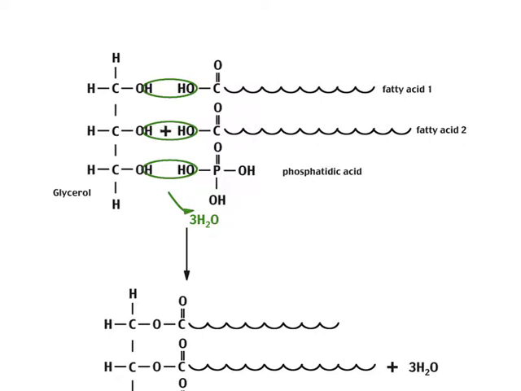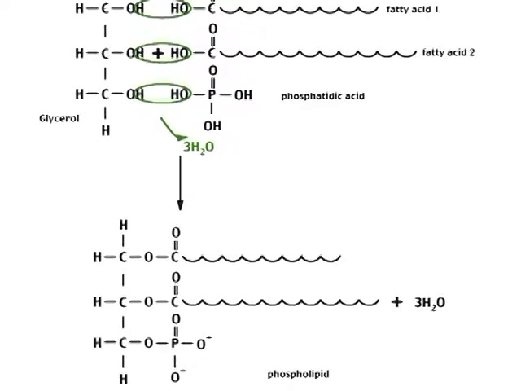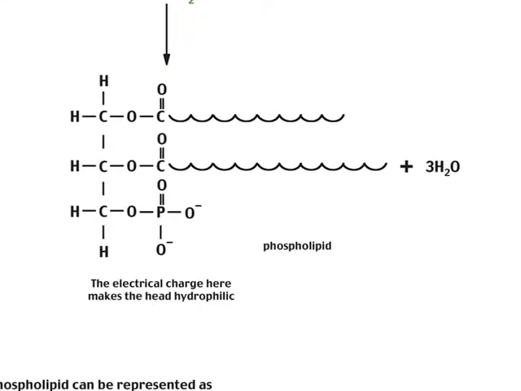Phospholipids are formed by the condensation reactions between one molecule of glycerol, two fatty acids, and one phosphate. The phosphate group is polar, and so is hydrophilic and will dissolve in water. The rest of the molecule, the fatty acid tail, is hydrophobic.